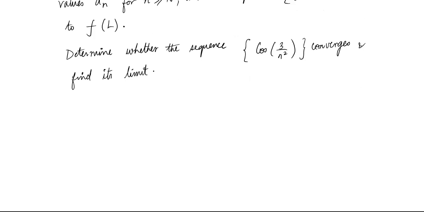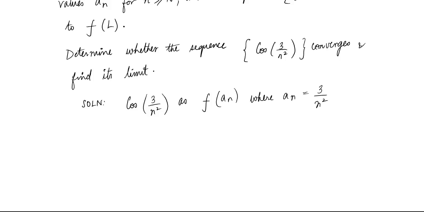So I'd like you to consider cosine 3 over n squared as f of AN, where AN is your 3 over n squared, right? So the function is the cosine function. f is your cosine function, f of that AN, which is 3 over n squared.